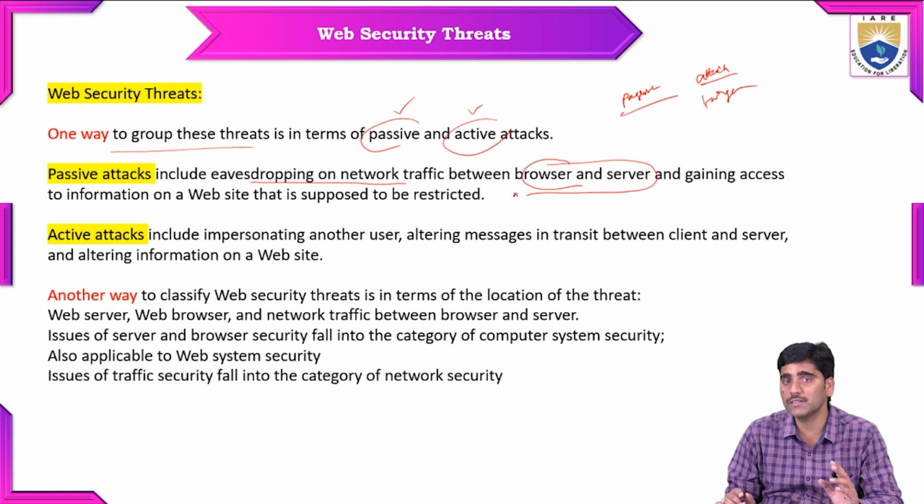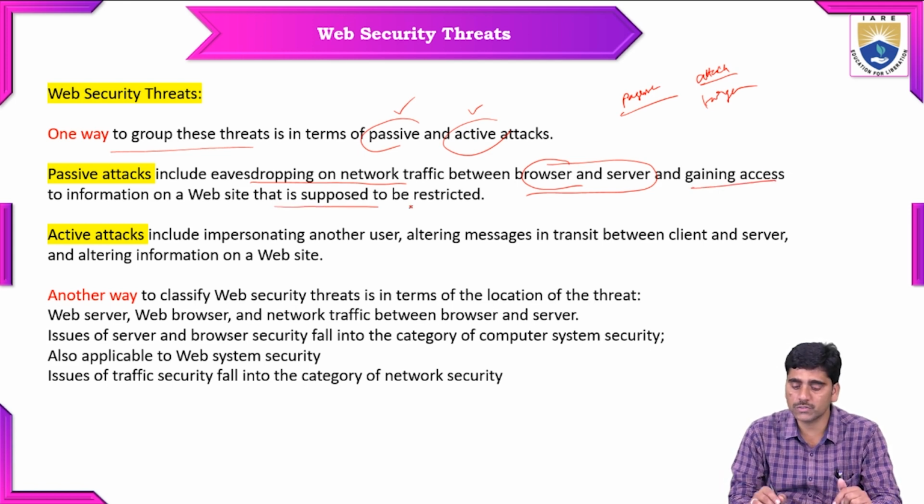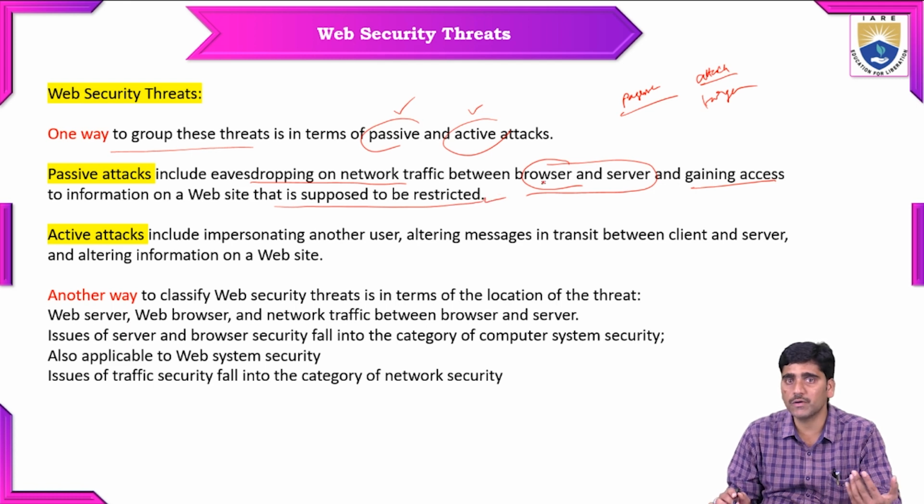How the data is flowing between browser and server, and how the response is coming from the server to the browser, is nothing but gaining access to the information on the website, which is supposed to be restricted. If anybody wants to access all that data and cannot access it directly, they can use some sort of tools to get that information.